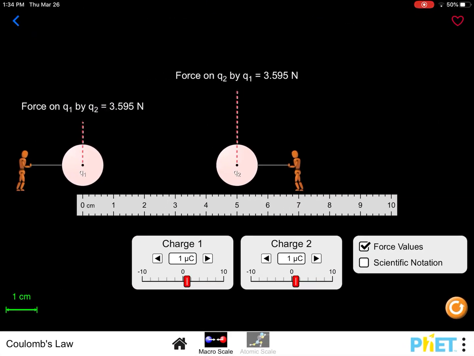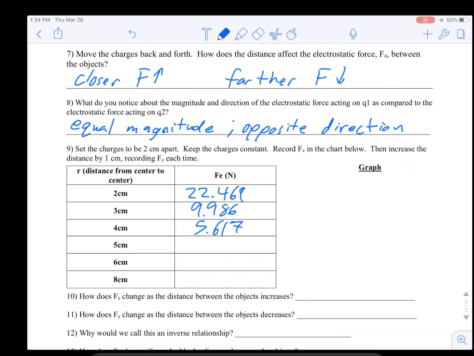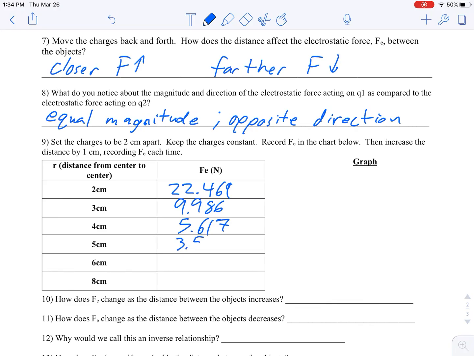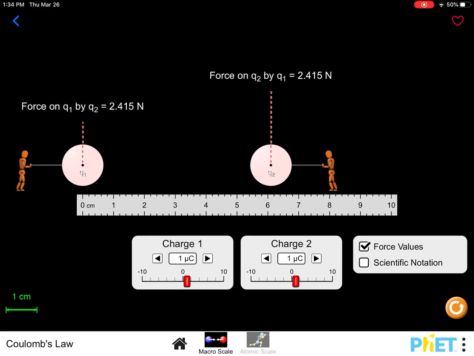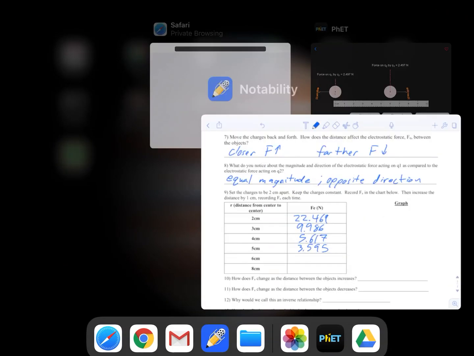If we go to 5, 3.595. If we go to 6, 2.497.